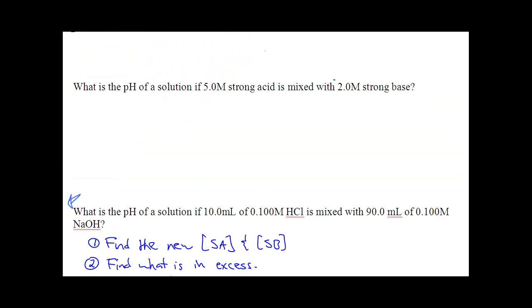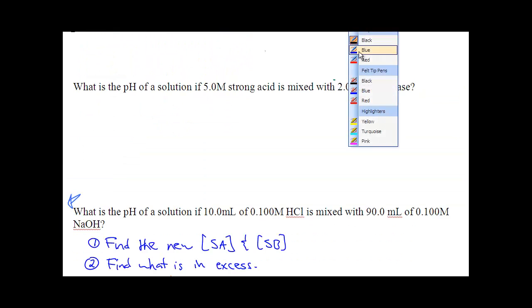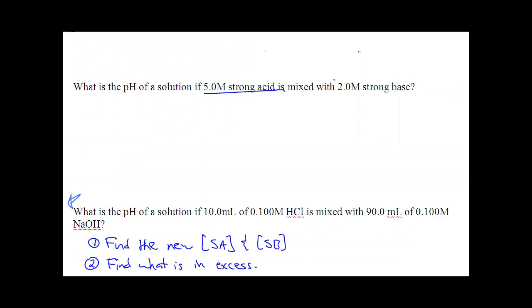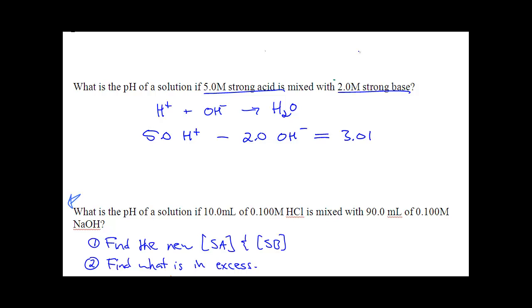Okay, let's do one. Here's a simple question to start things off. 5 molar strong acid mixed with 2 molar strong base. The net ionic equation is this. The 5 molar strong acid minus the 2 molar strong base is going to give me 3 molar strong acid in excess.